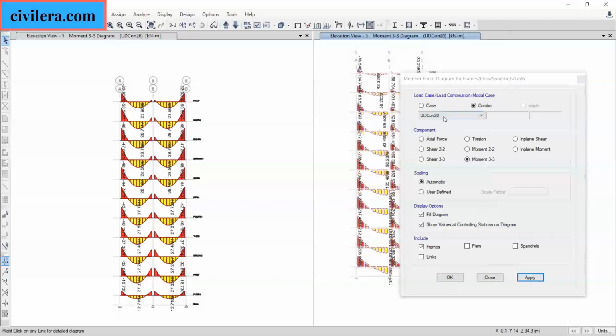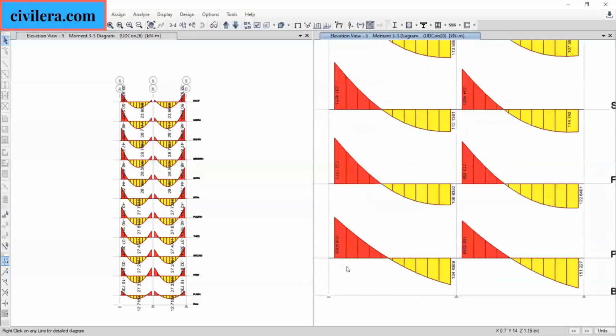I'll go with this UDCon 20. Can you see some difference here? So what is UDCon 20?